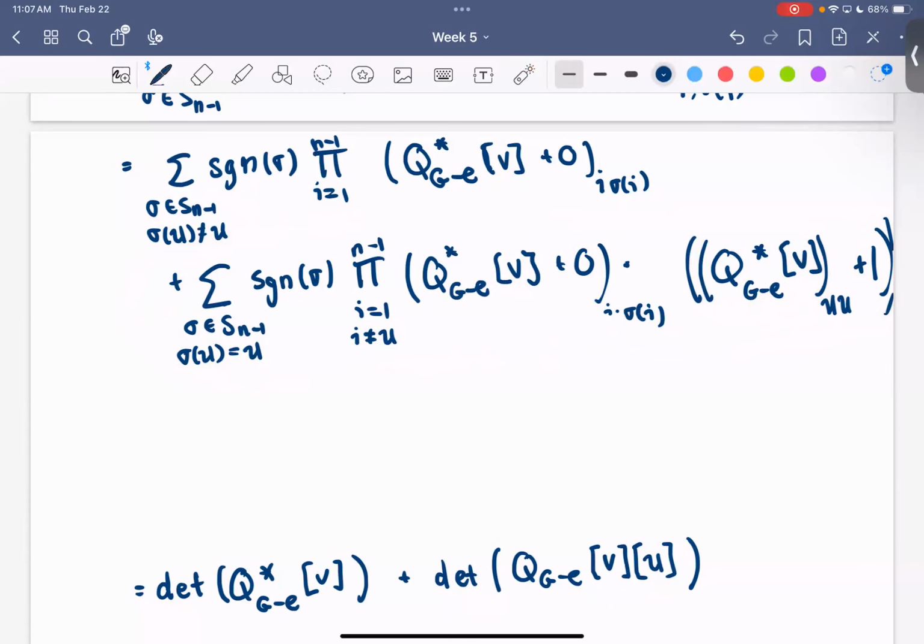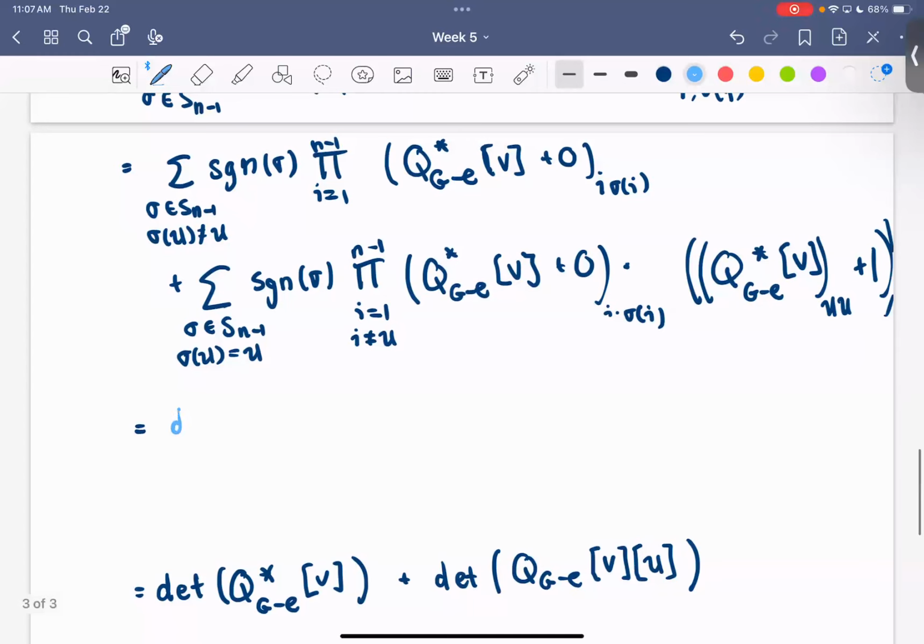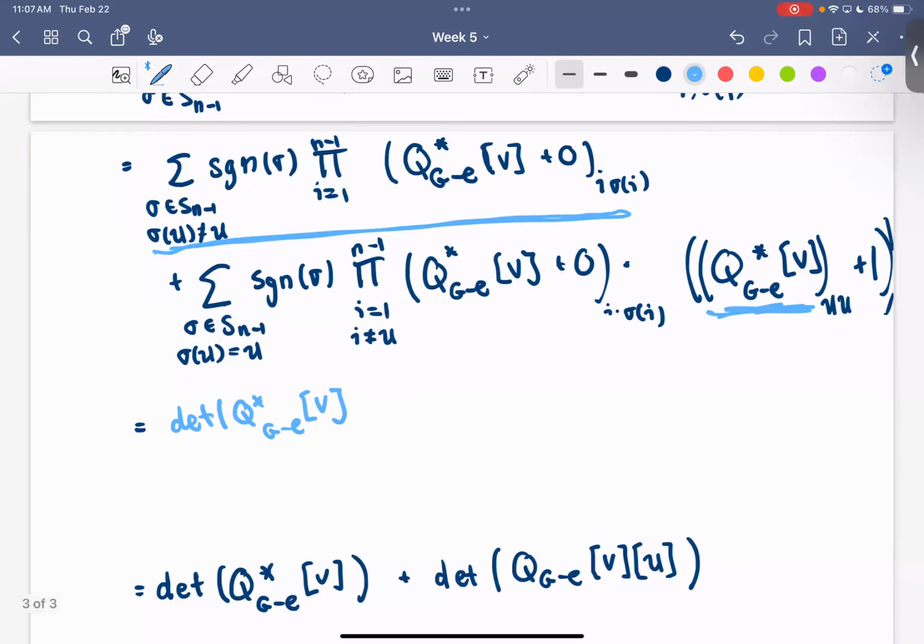Okay, so one part that we get is, and maybe I'll color code this, the determinant of Q^T G minus E star of V, and that comes from multiplying out and looking at the parts coming from this factor. So then what is left for the parts corresponding to the +1?